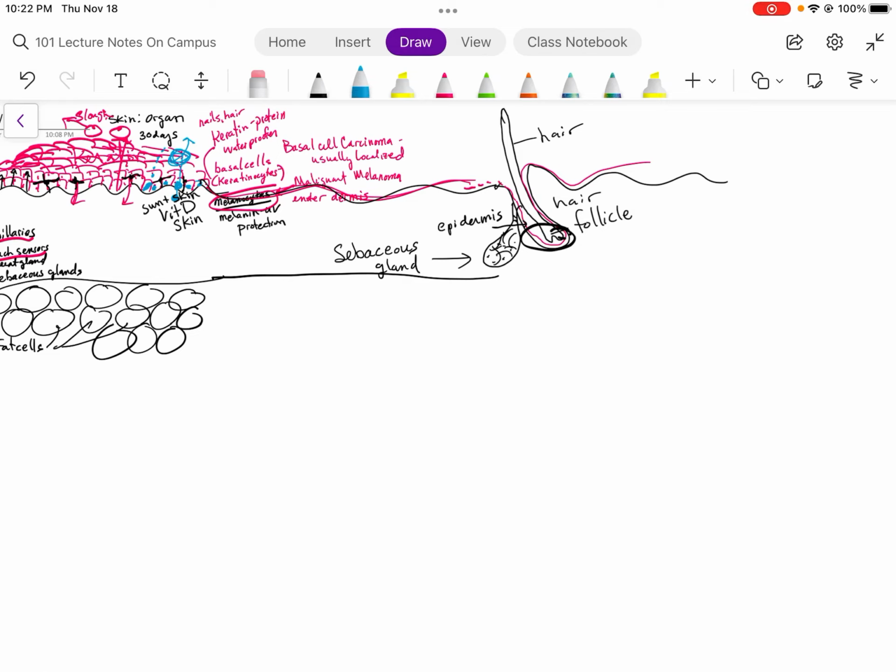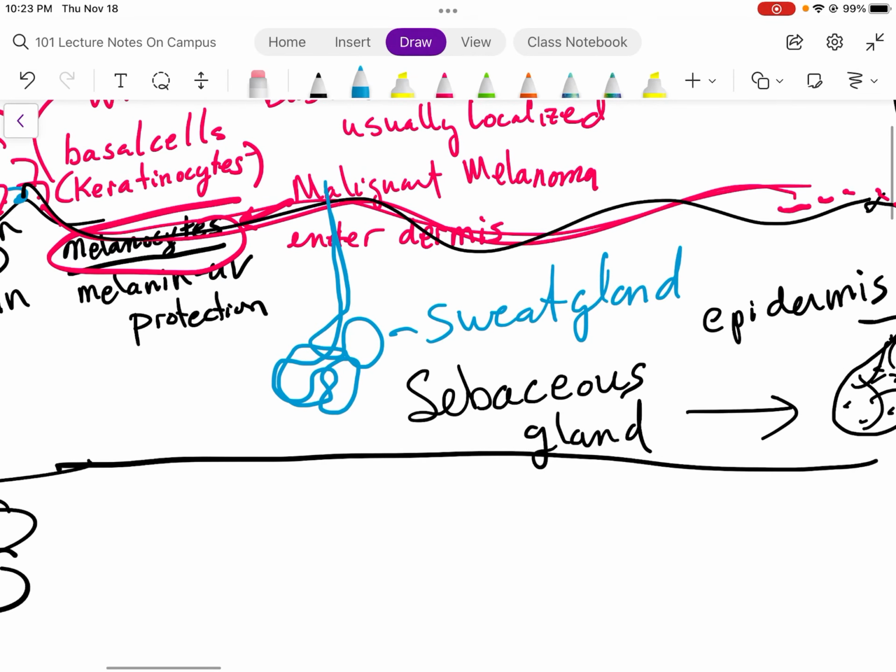And then the other kind of gland that we'll see out there is called a sweat gland. And a sweat gland looks like this kind of thing. And we'll call this a sweat gland. Now, the sweat glands look different than the sebaceous glands because if you zoom in on them and you cut across, the sweat gland often ends up looking like a bunch of macaroni.